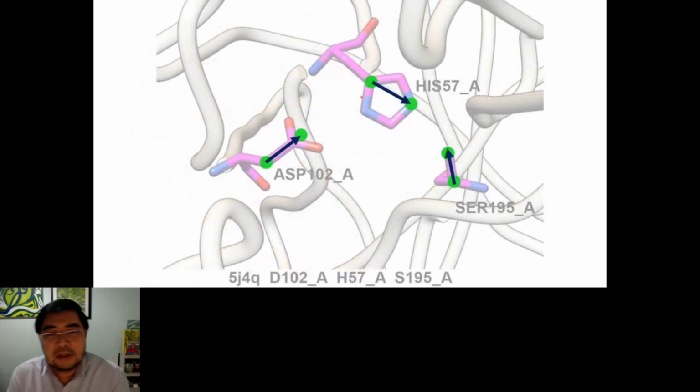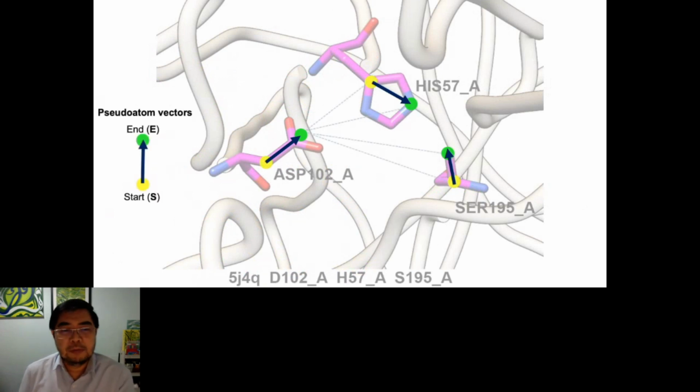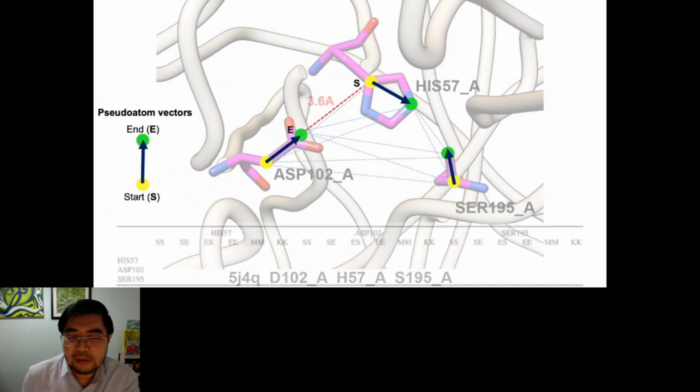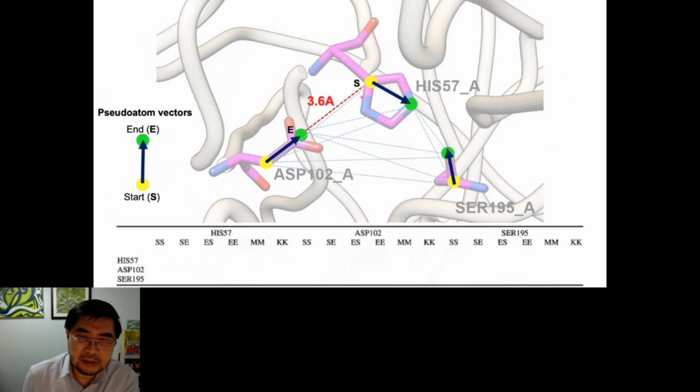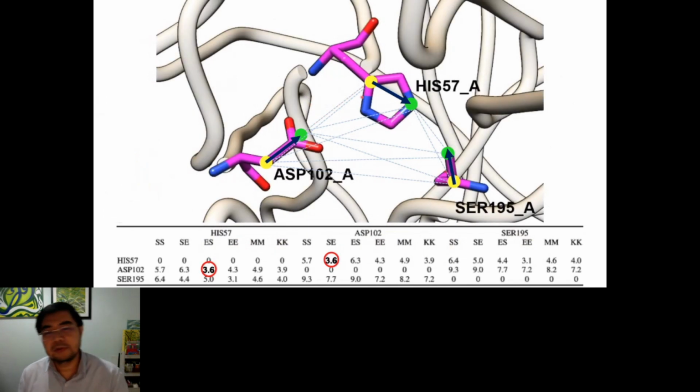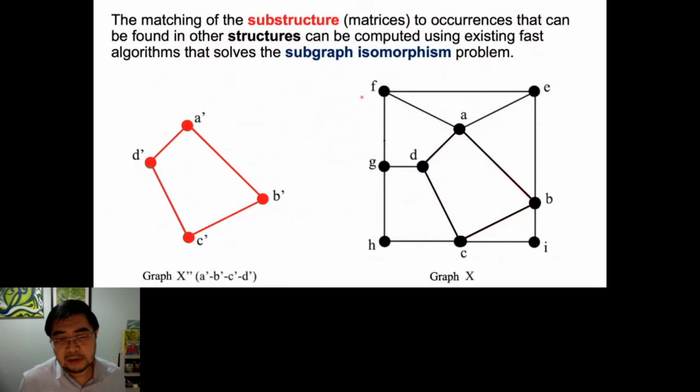So going back to this, we can then also calculate or measure the distances between them, and from there we will be able to get values as to what these distances are and build a matrix from those distance values. And this is the matrix that we will use to solve the graph theoretical algorithm.